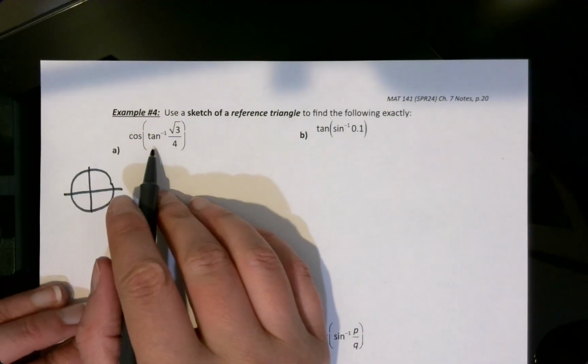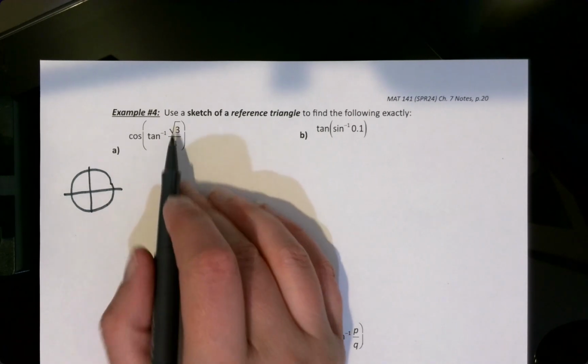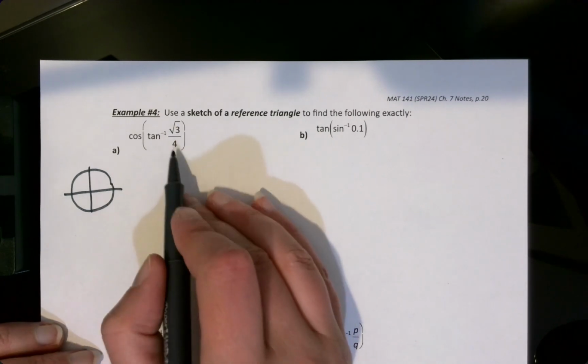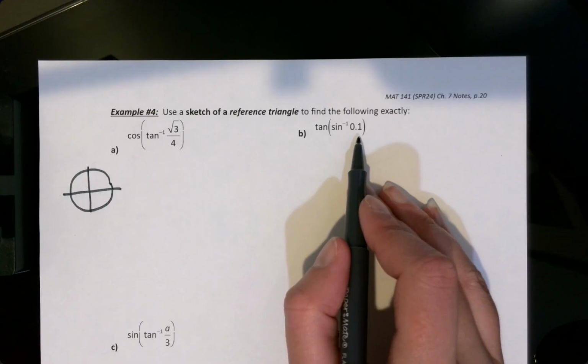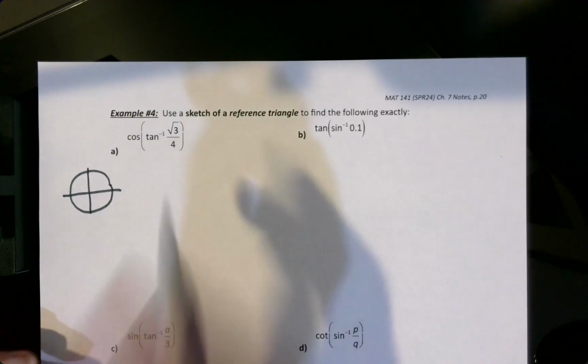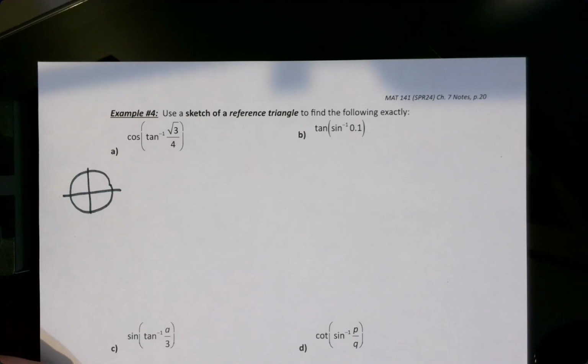But these ones, big difference is they're not special ratios. So these are not things that I can identify as immediate angles on the unit circle based on their ratios. So I'm going to estimate their position. So for tangent, I need my tangent to be my ratio of the sine over cosine, and it's positive.